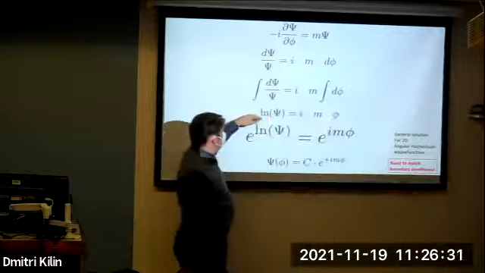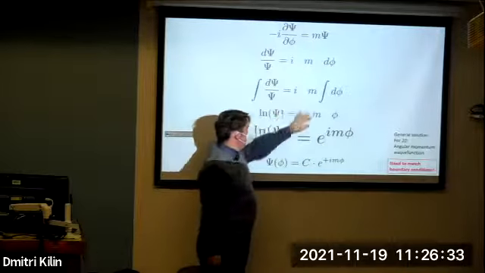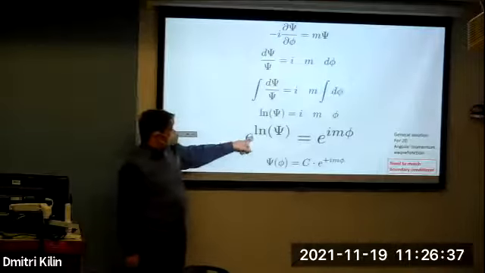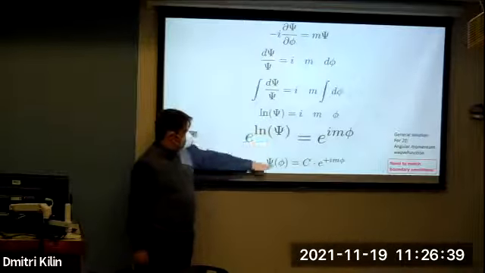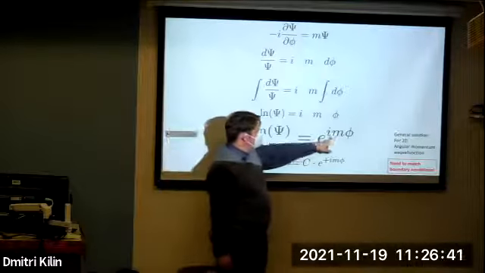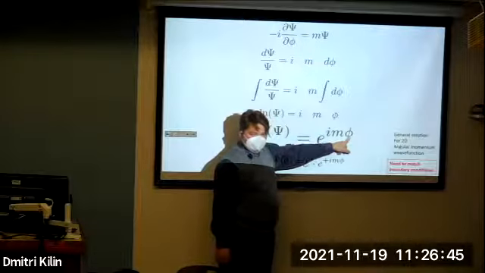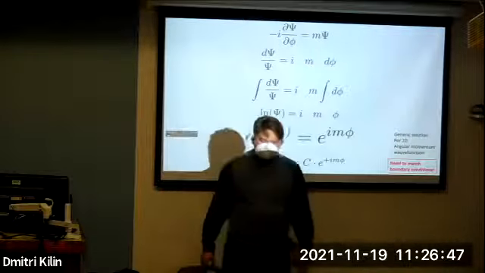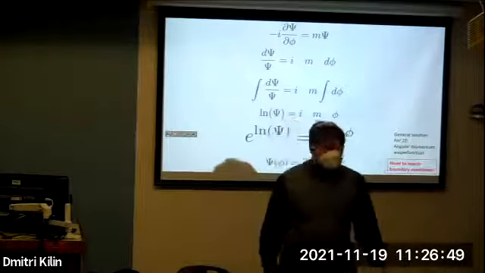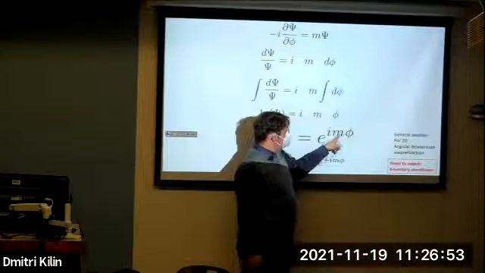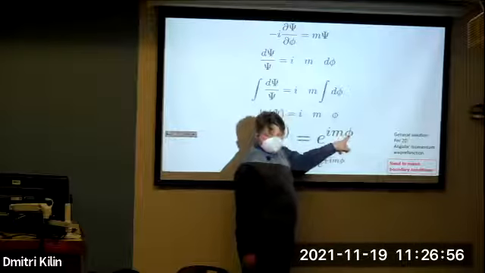And then if you place left and right parts into the power of exponential, we get that e to the logarithm of psi, which is psi, equals e^(i m phi), right? Quite similar to what we had for plane wave. For plane wave, here it was momentum, here it was position.